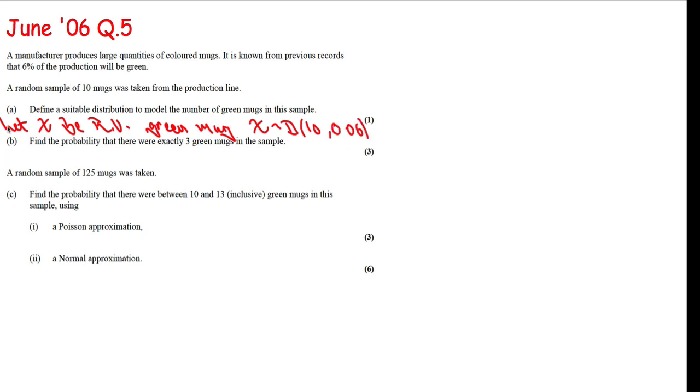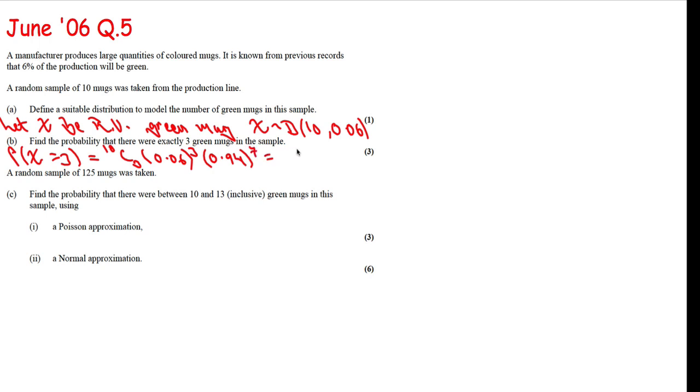Part B, find the probability that there were exactly 3 green mugs in the sample. In other words, I want the probability that x is equal to 3. And we're going to use the formula here. n is 10, 10 choose 3 times the probability of success, 0.06, to the power of x, which is 3, by the probability of failure, 0.94, to the power of n minus x, which is 7.